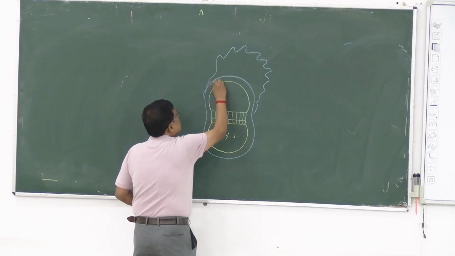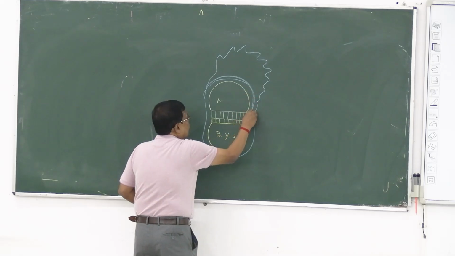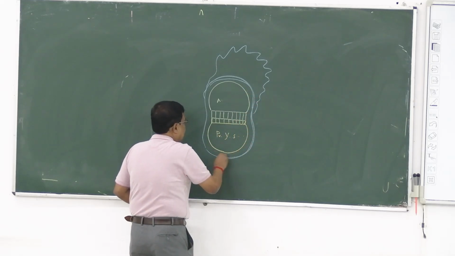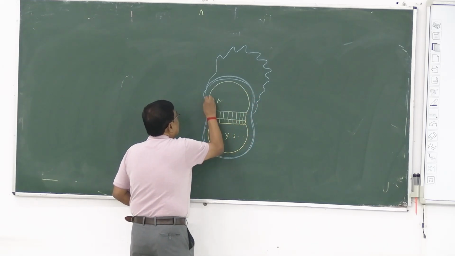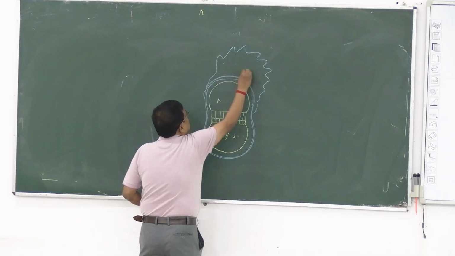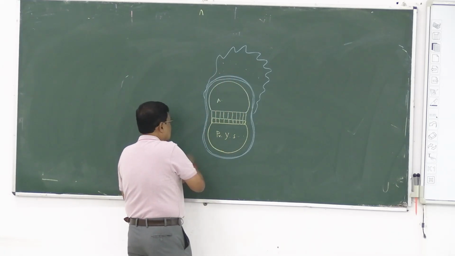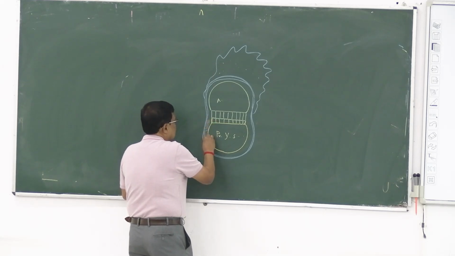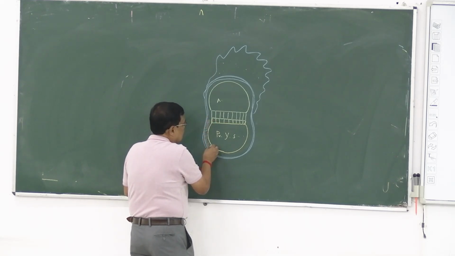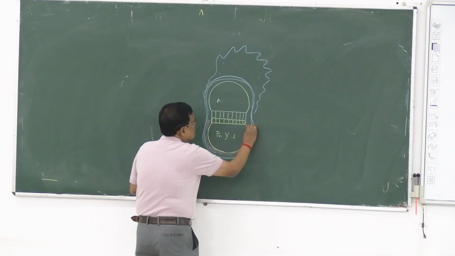This is the cytotrophoblast, and this is the syncytotrophoblast, and this is the extraembryonic mesoderm. Ultimately here it will form the extraembryonic coelom.